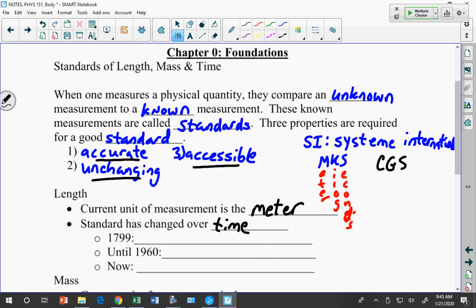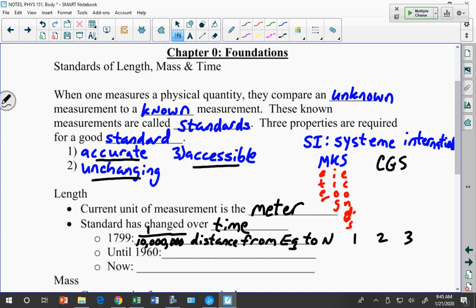The first thing is, in 1799, it was 1/10,000,000th the distance from the equator to the North Pole.